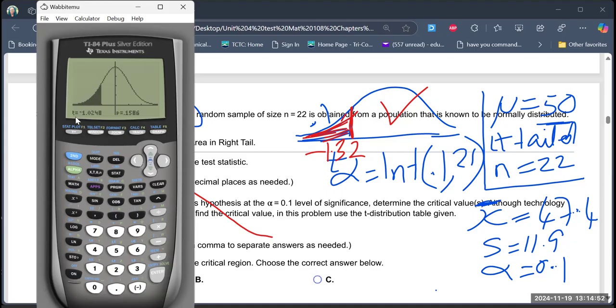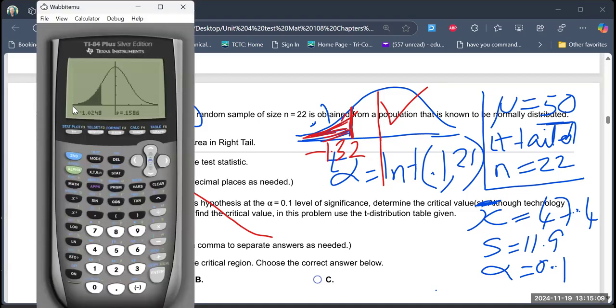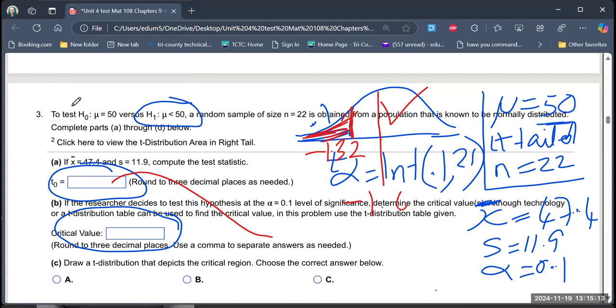Does this number fall into the acceptance region or into the rejection region? It falls into the acceptance region. That's 1 point something, negative 1.02.